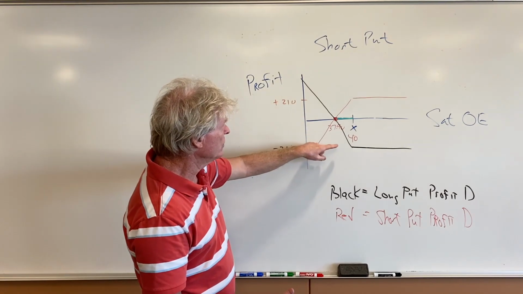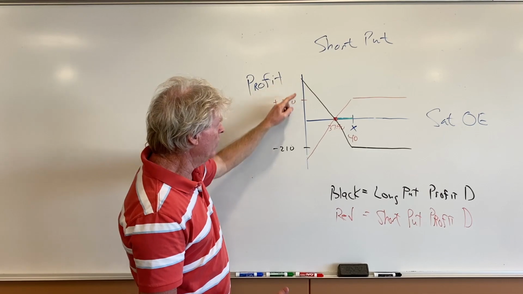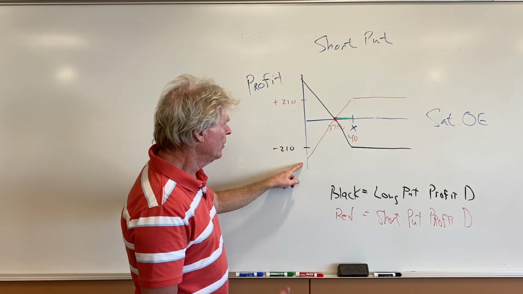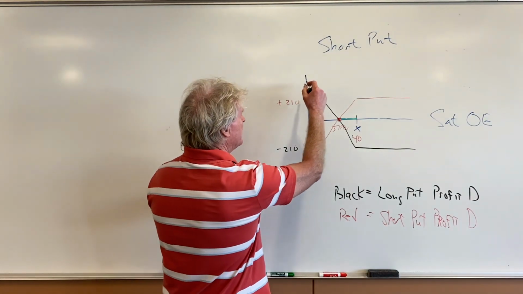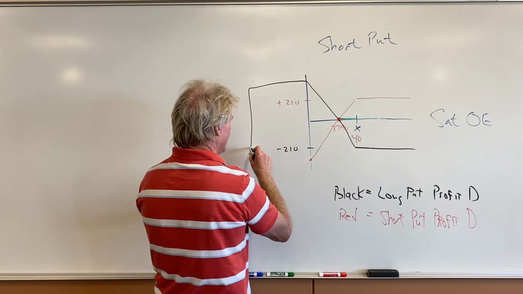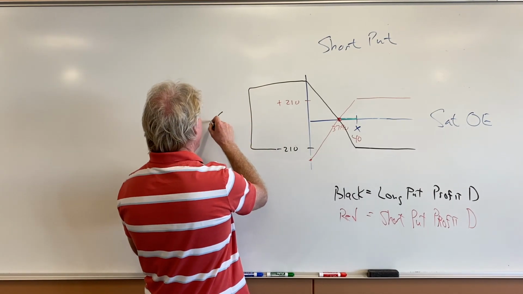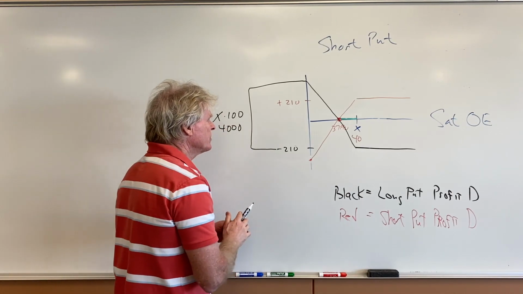And then, of course, a large possible profit for the long put position, a large possible loss for the short put position. Again, this distance here will be X times 100, again 4,000 in the current case.